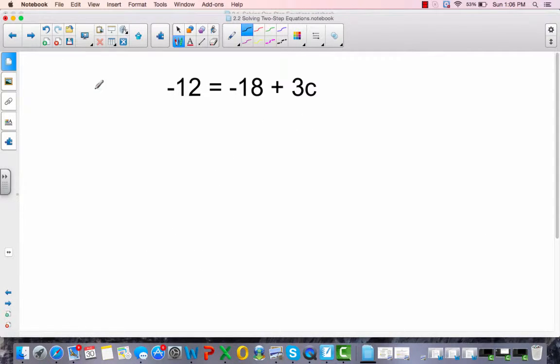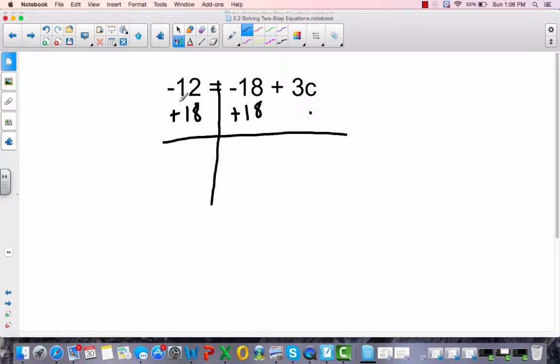All right, this time we've got negative 12 equals negative 18 plus 3c. Draw our line down the middle. We want to get rid of the negative 18, so we add 18 to both sides. 18 minus 12 is 6 equals, the 18s cancel each other out, and we're left with 3c.